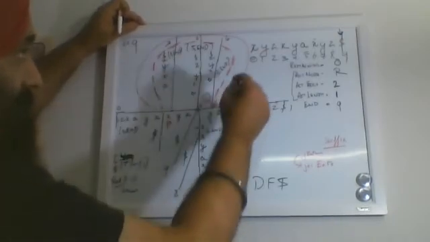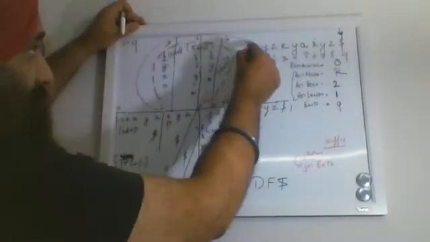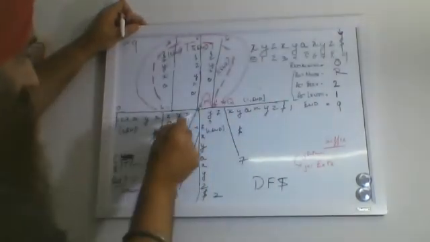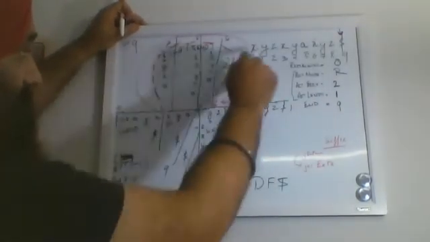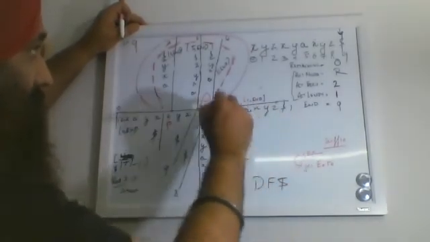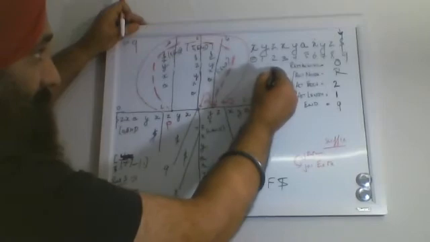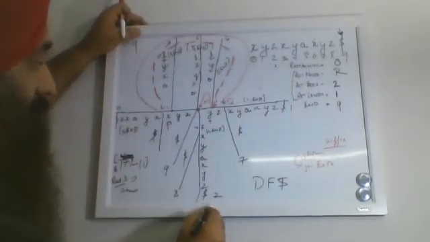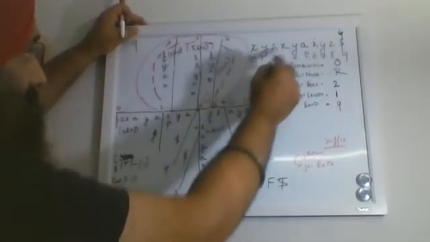So if we want the whole string, we begin from here, root to this node, and we get this 1. We begin from root to 1, we get this 2. We begin from root, go all the way down to 2, we get this 3.